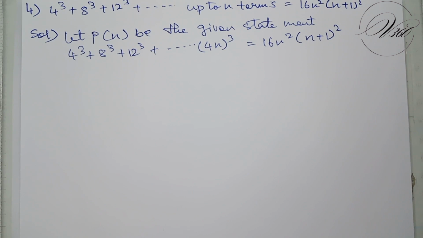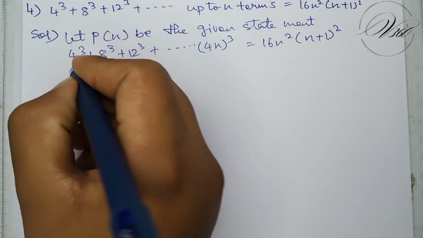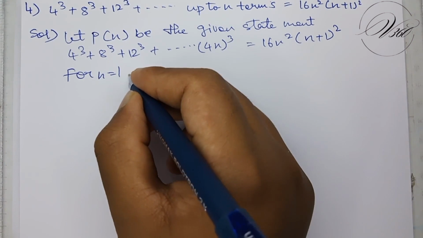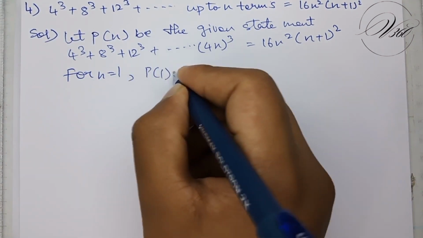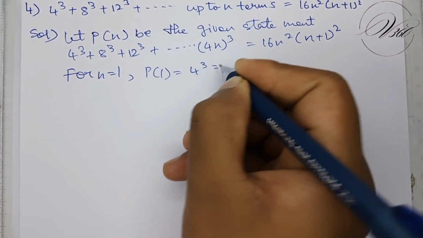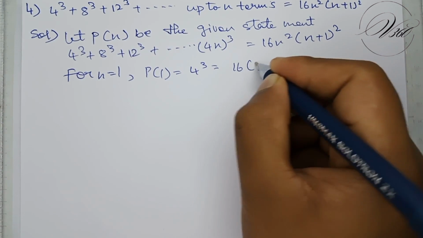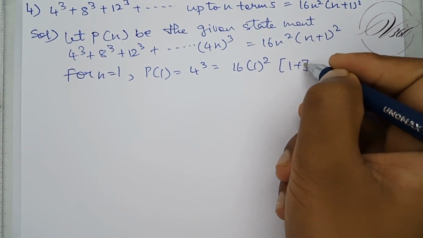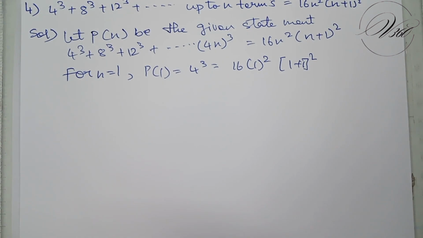Okay, now here we will write, what can we write here? We can write for n is equals to 1, P of 1 is equals to 4 cube is equals to 16 of 1 square of (1 plus 1) whole square.